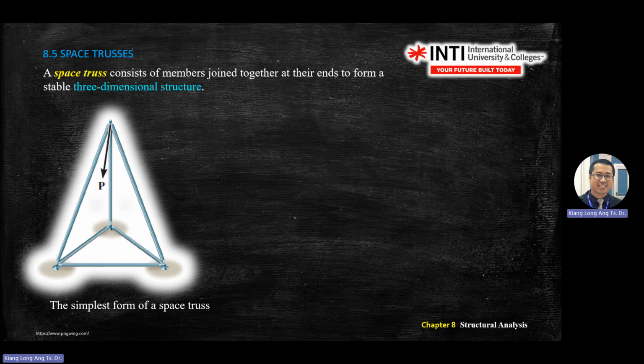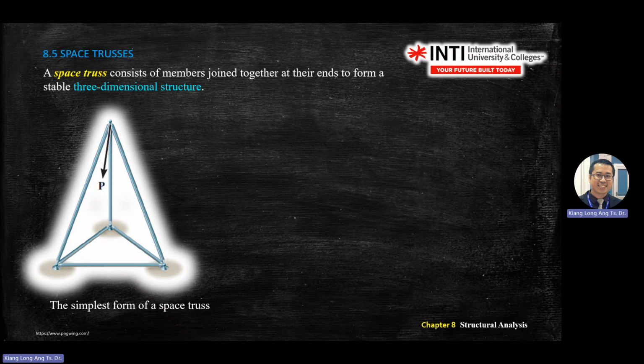So when we see 3D structure, we also call them space truss, as what you see on the diagram here. This will be the simplest form. Of course, you can extend the shape from the shape. So this is tetrahedral.